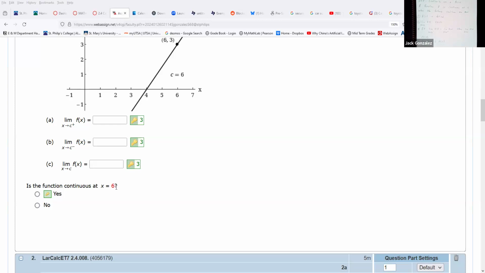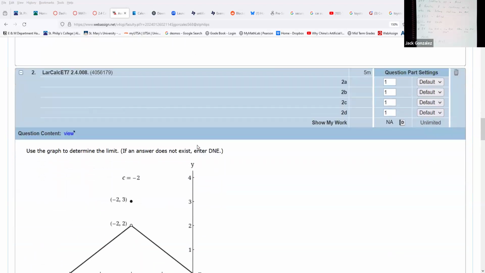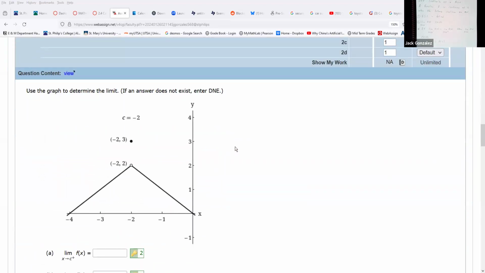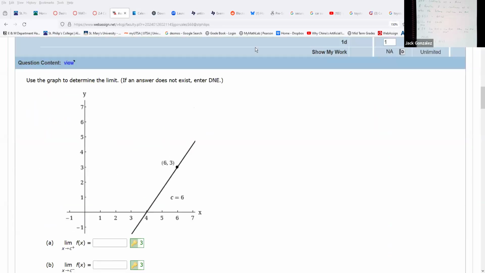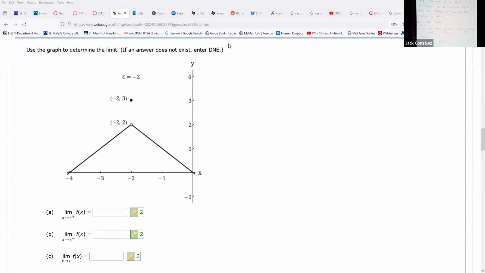Is there any questions on what it means to be continuous at a point or how you check? Let me know, we're going to do a couple. All right, let's move on then.